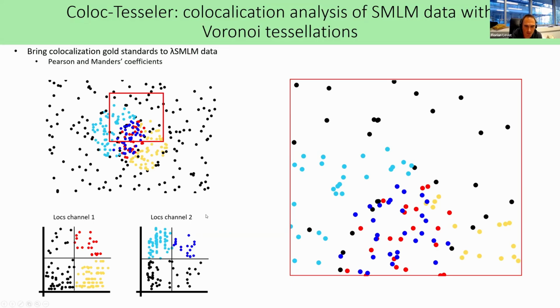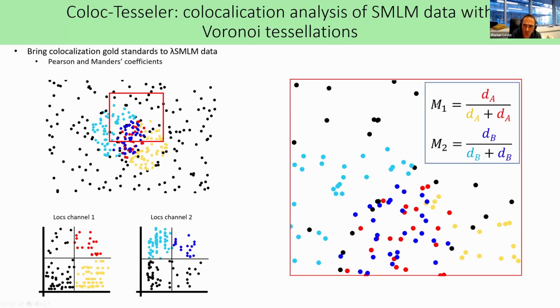You can see that the red and yellow localizations are highly colocalized in both colors, so high density in both colors, while the cyan and yellow localizations are high density in one of the colors, and black is background, or not interesting.